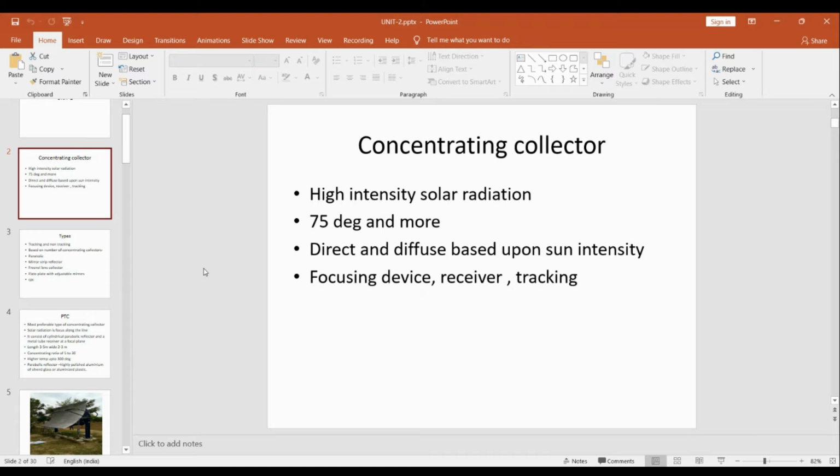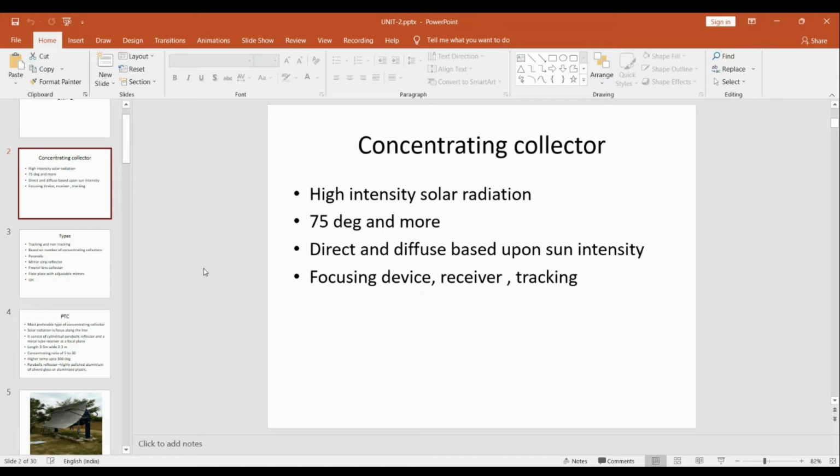The three major instruments used in concentrating collectors are the focusing device, the receiver, and the tracking device. Focusing device means wherever the radiation is, it will automatically focus, right? For that the tracking device is also there. The tracking device is used to track where the sun is located.